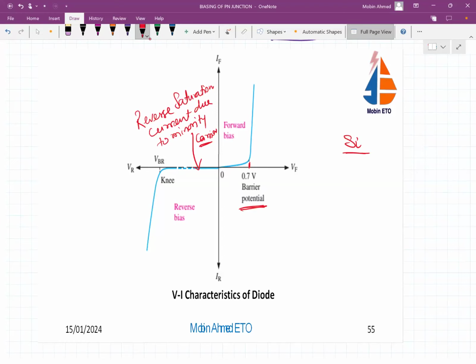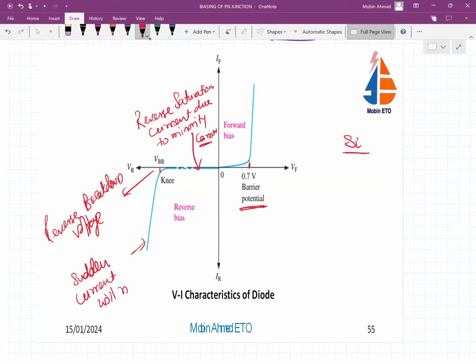When it reaches the reverse breakdown voltage, the current suddenly rises.